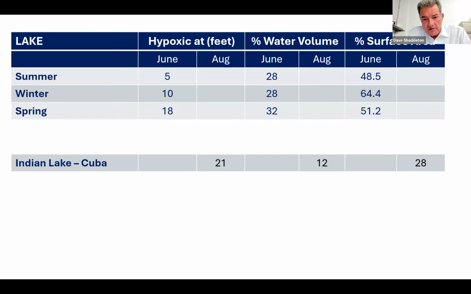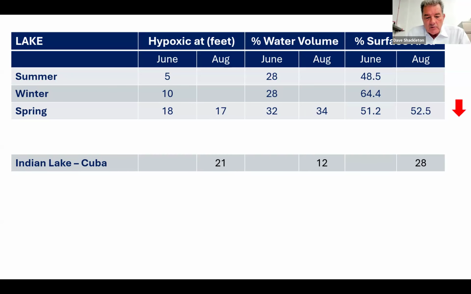So with that as sort of context, Spring Lake in June became hypoxic at 18 feet, which meant that 32% of the water volume and 50% of the surface area was compromised, hypoxic, and problematic. When we went back in August last week, 8th of August, it was hypoxic at 17 feet, and the water volume there was hypoxia that increased slightly, as had the surface area, but not too much.